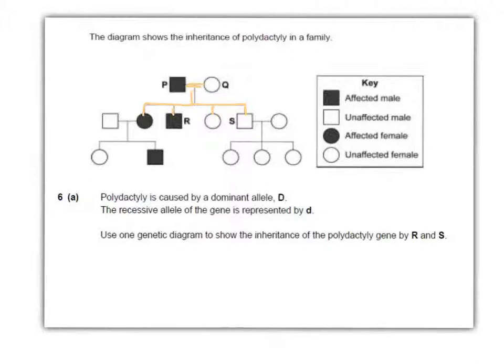Well, Q, to start with, is the unaffected female. If it's unaffected, that must mean that Q is little d, little d.